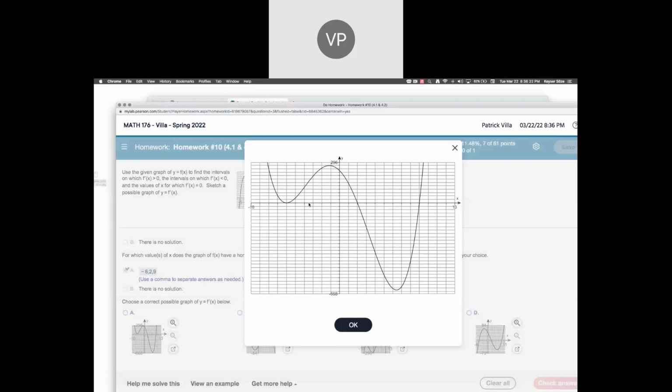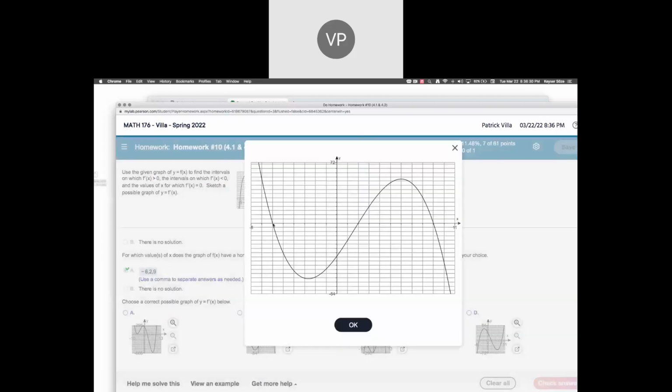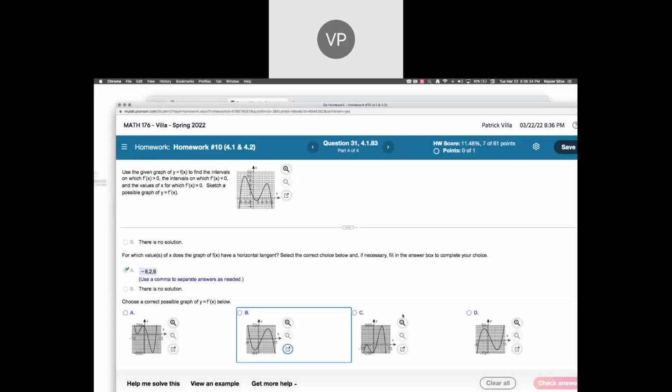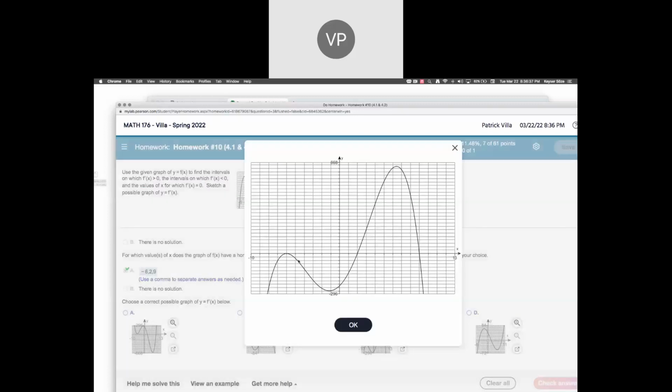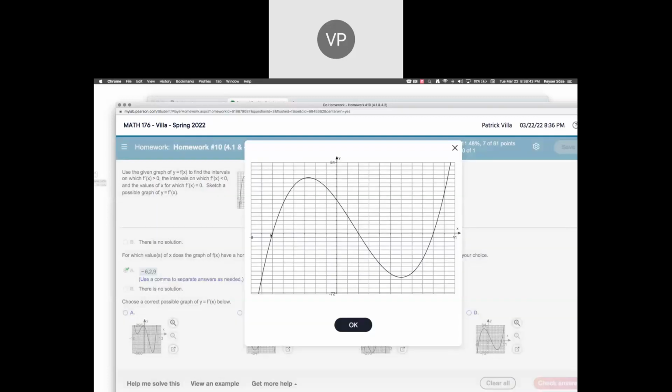It hits here at -6, and this 2, and this 9. Okay, and just pick a couple more here. At -6, and at 2, and at 9, the graph is at 0. Same thing here. -6, 2, and I assume that's 9. And this one, -6, 2, and 9. So those are all right.